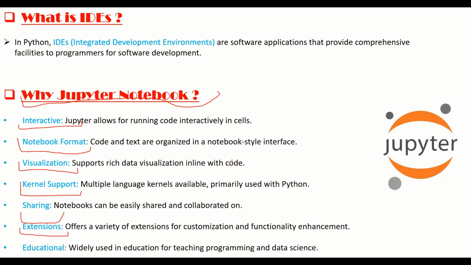These extensions provide additional features such as code folding, table of contents, spell checking, keyboard shortcuts, and more. Users can install extensions via the Jupyter Contrib nbextensions package or through the JupyterLab extension manager, tailoring their Jupyter environment to suit their specific needs and preferences.